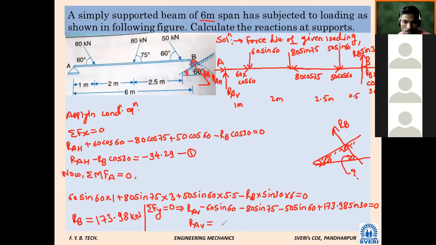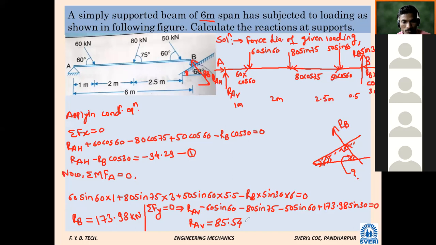85.55? 85.54. I have not calculated, I am writing your value.